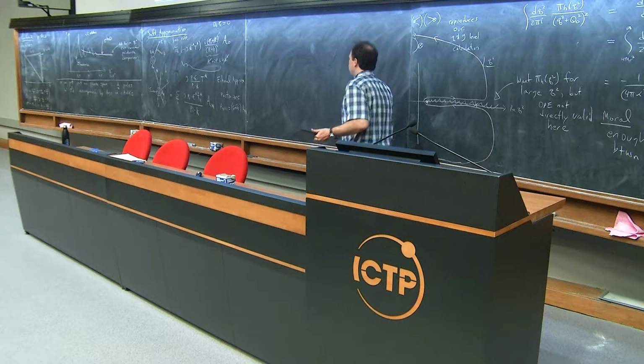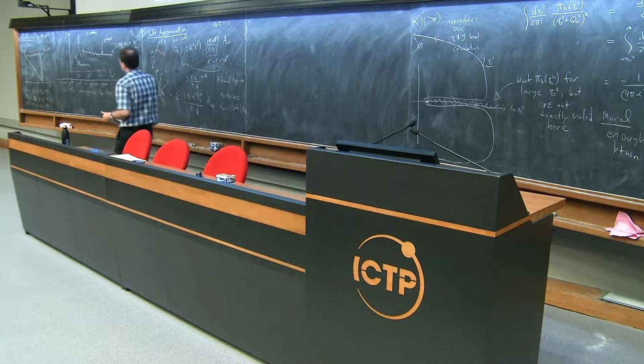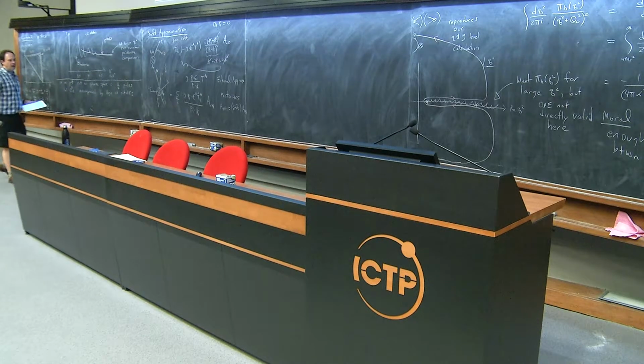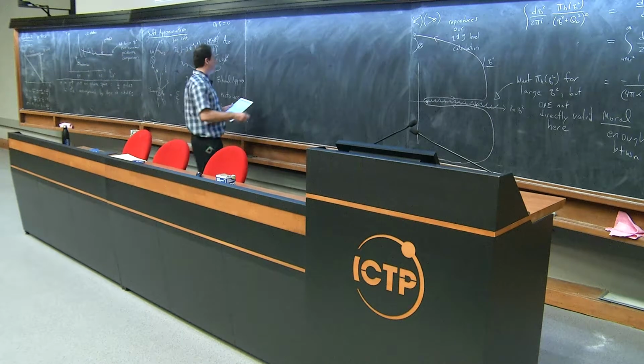Okay, but nevertheless, we could just take this approximation and apply it back to our example over here, our calculation of the sigma r hat. Let's think about calculating sigma r hat in the soft gluon approximation.